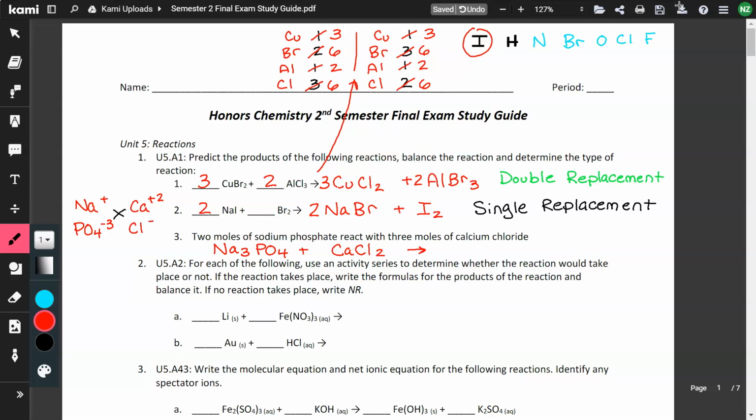Okay, and then sodium and chlorine are going to combine. So NaCl. And then calcium and phosphate. We're going to need 3 calciums and 2 phosphates because we're going to need a least common multiple of 6 here.